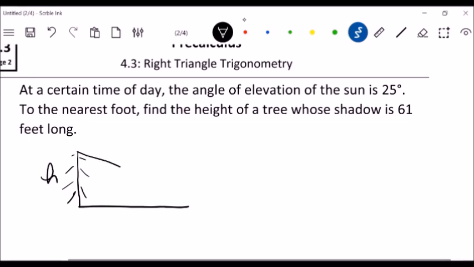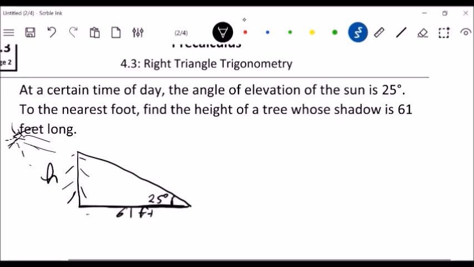So when we talk about angle of elevation of the sun, that's the angle from the ground up towards the sun, which is then making that 25 degrees. And the shadow part, if the sun's over here, we end up with sun beams coming this way. And the shadow of the tree then would be this line here, which is 61 feet long.